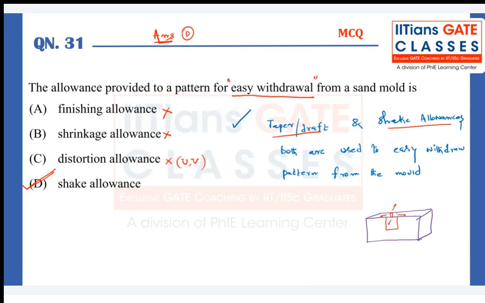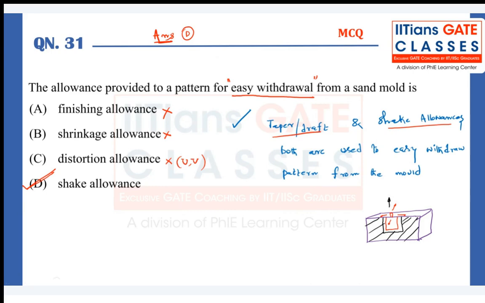You shake the pattern so that a gap is created between the mold and pattern. All these are sand particles. Whenever the gap is created, you can easily withdraw the pattern.